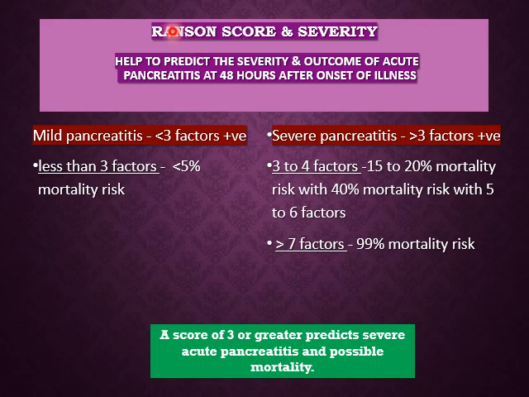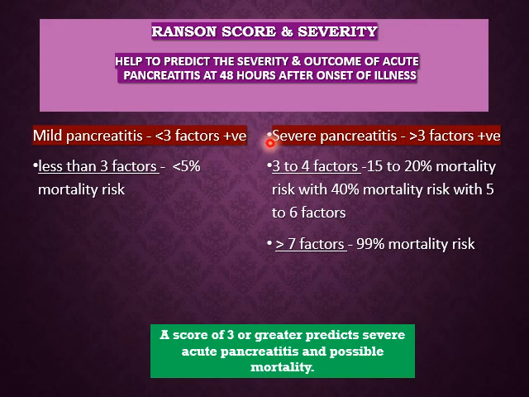The severity of the condition can be determined according to the Ranson score. The Ranson score helps to predict the severity and outcome of acute pancreatitis at 48 hours after onset of illness. It can be mild or severe pancreatitis. Mild pancreatitis is when fewer than 3 factors are positive, and in these cases the mortality rate is much lower, less than 5%.